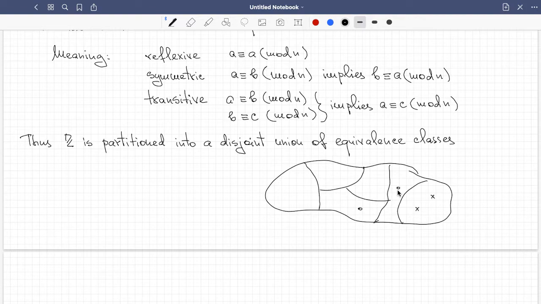In the case of integers and the congruence relation, that is what theorem 2.3 and corollary 2.4 are about.